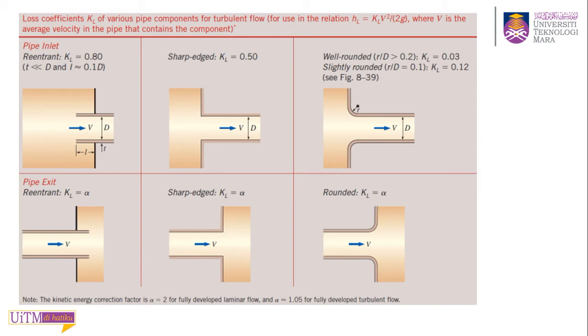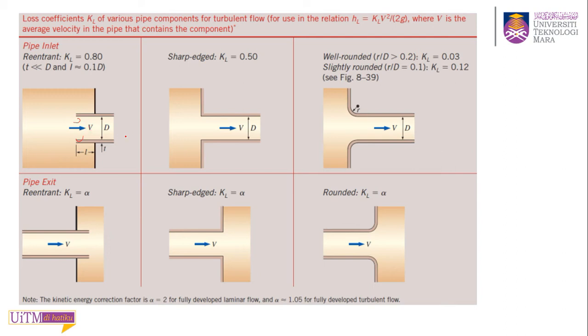Okay, why do we have these minor losses? Maybe some of you are curious why we have these losses in the pipe. Let's say the pipe inlet and the pipe exit. When the flow from the reservoir goes into your pipe, you will have losses because of this connection. The flow does not enter fully. You will see that if you do simulation. So that's where you have the pipe inlet losses.